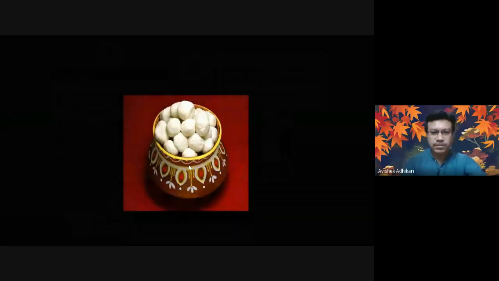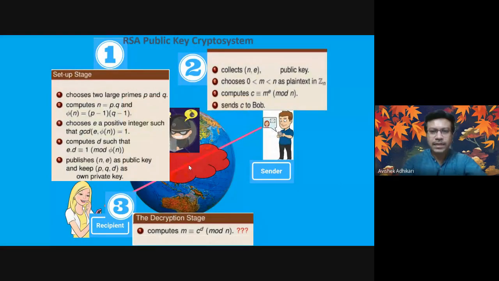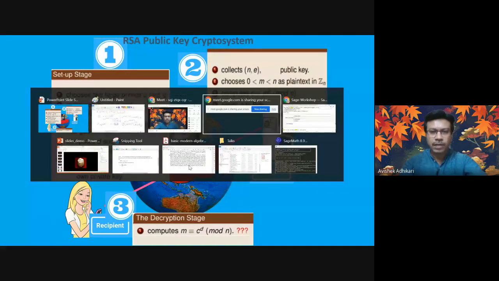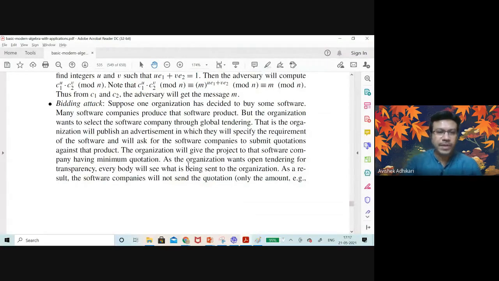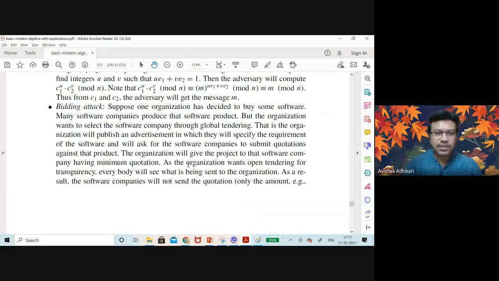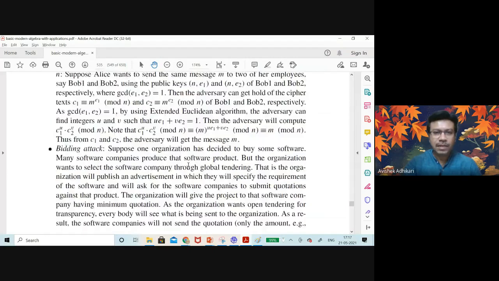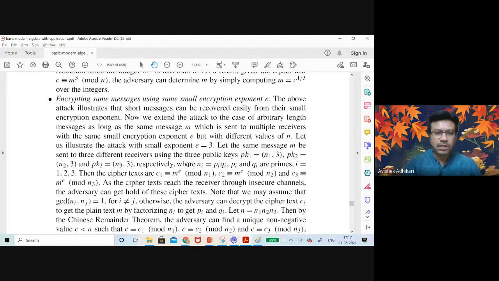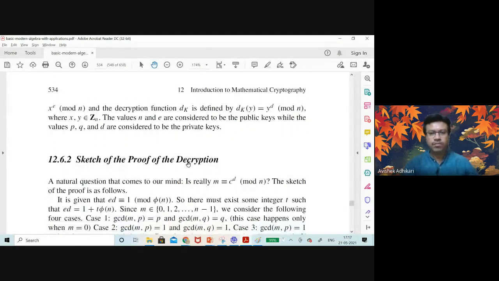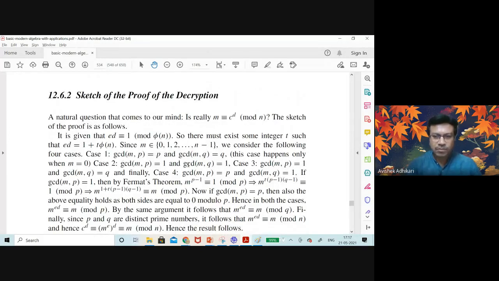Okay, before going to that, let us first have a look at this book. So I'm now going to give the lecture from my book, Basic Modern Algebra with Applications. There in chapter 12, you will find all the details of this, like the sketch of the proof, and all the mathematical backgrounds are explained nicely in previous chapters, mostly in chapter 10, which will be required for the cryptographic purposes.